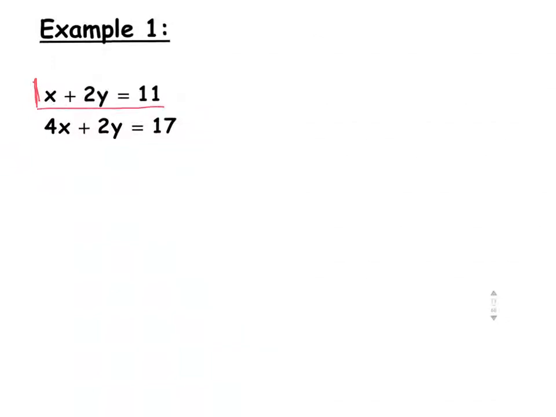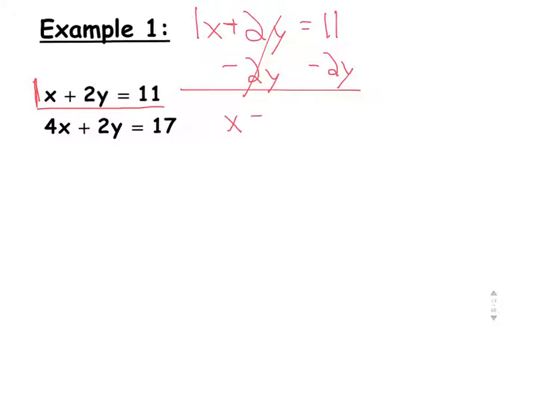So let's take this equation, 1x plus 2y equals 11, and now let's solve it for x. And so I would subtract the 2y over. So I would get 1x, I'm just going to go ahead and write x now, equals negative 2y plus 11.